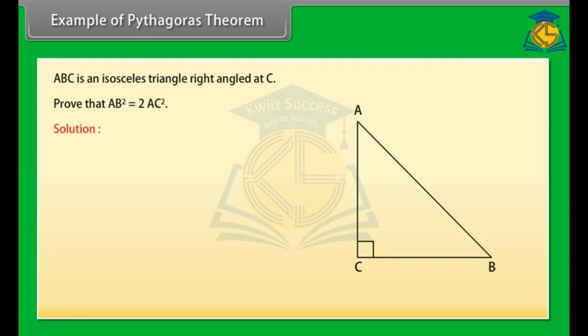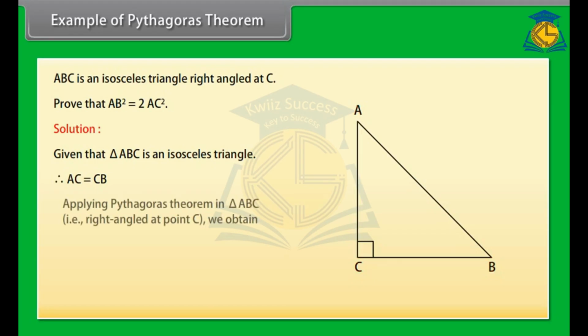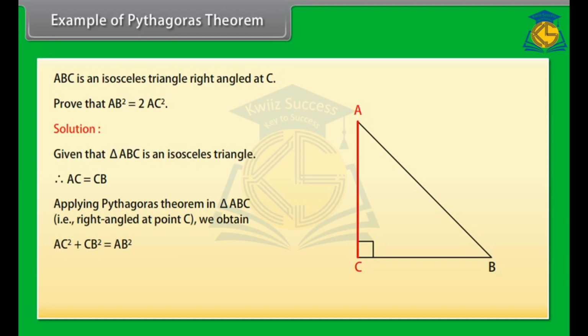Solution. Given that triangle ABC is an isosceles triangle, therefore AC is equal to CB. Applying Pythagoras theorem in triangle ABC, right-angled at point C, we obtain AC square plus CB square equals AB square, which implies 2AC square equals AB square.